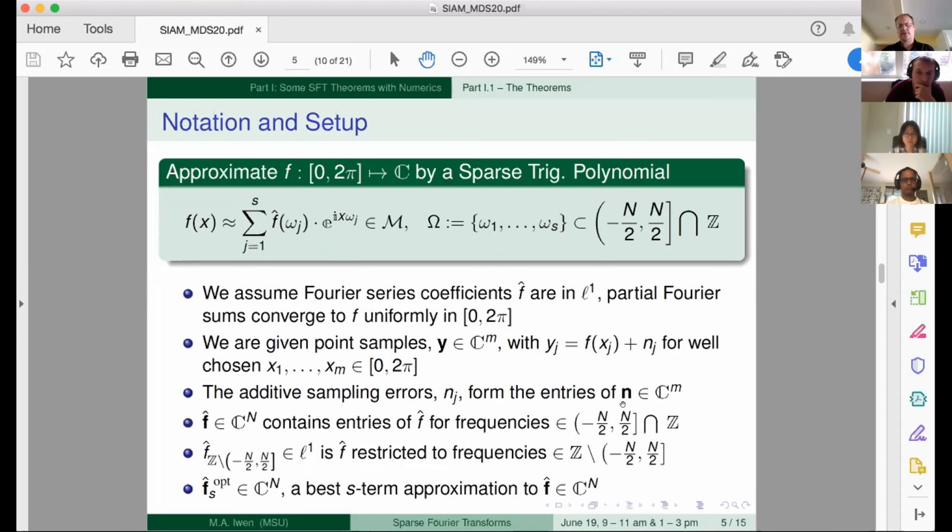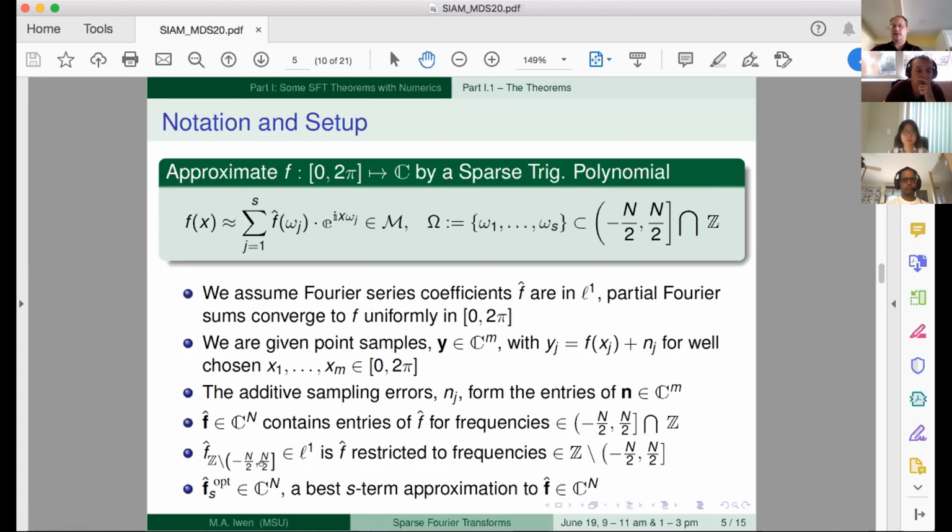And I'll stack those errors into this vector n for noise. So those are going to be sort of arbitrary perturbations. I'll then make a vector of the true Fourier series coefficients of the function for the frequencies from -n/2 to n/2. So I'll stack those in bold f hat. The Fourier series coefficients we're going to sort of ignore, pretend aren't there, are going to be denoted by f hat z minus that interval.